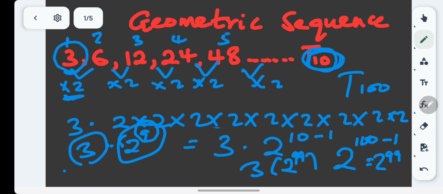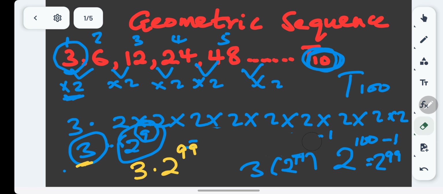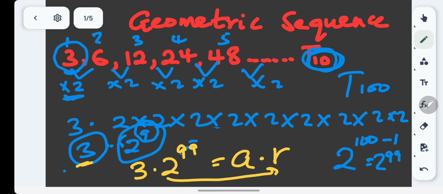So if we convert this into a formula, the 3 is the first term, so 3 times 2 power 99 is the same as the first term A times R, which is the ratio. 2 is the ratio, which is R. And the 99 is coming from the 100th term, so we don't know the term now, which is n minus 1.